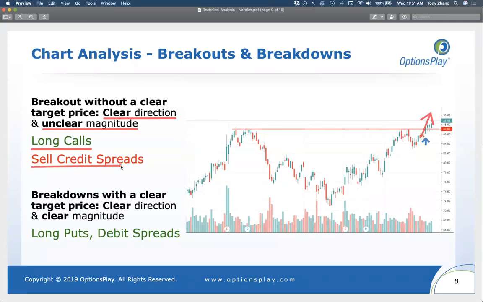But if, let's say, this is the type of stock that doesn't make big and fast moves, maybe this is a blue chip stock, a high dividend paying stock, not a growth stock, then you might be a bit more conservative and sell a put credit spread that will profit as long as the stock stays above this 87 level.